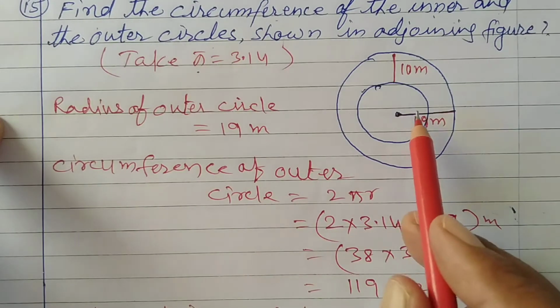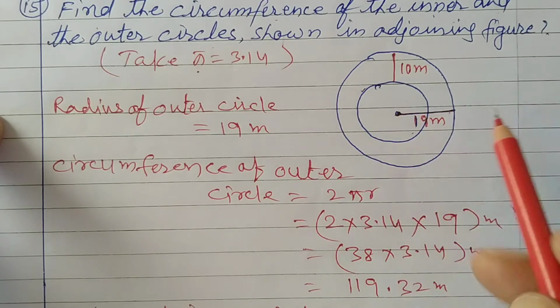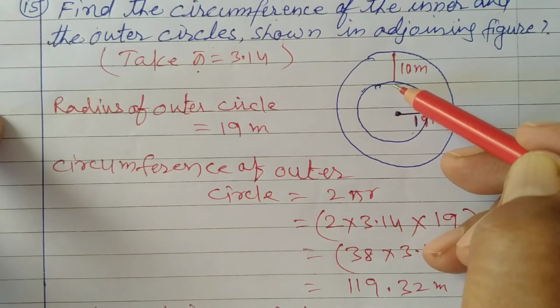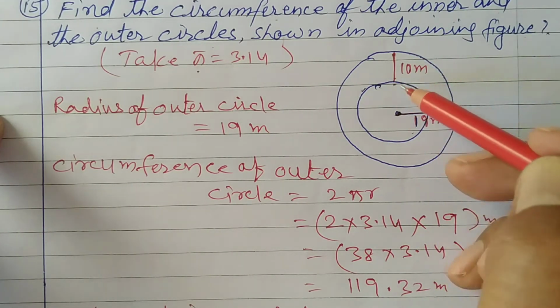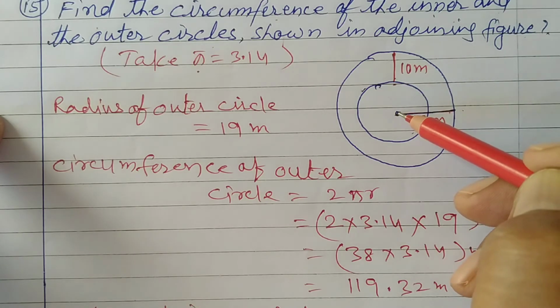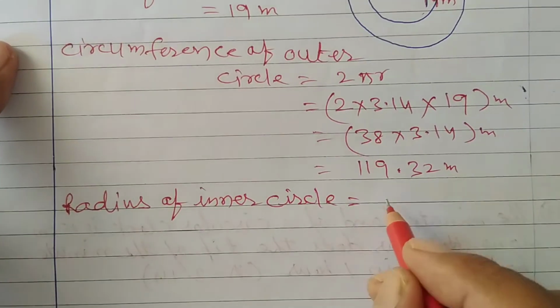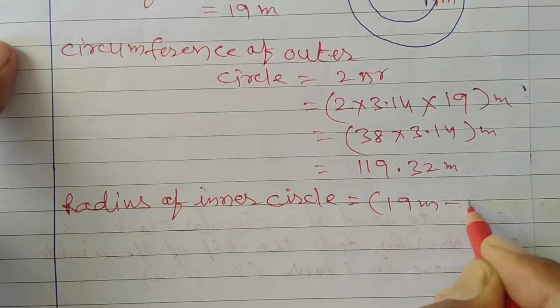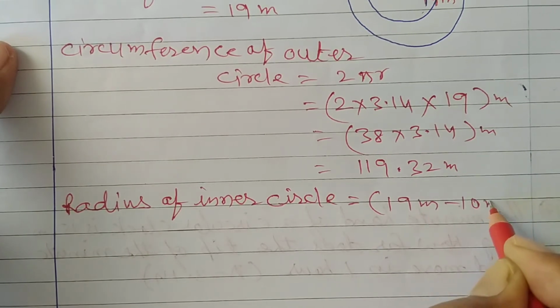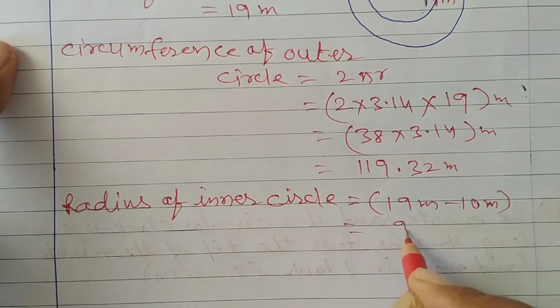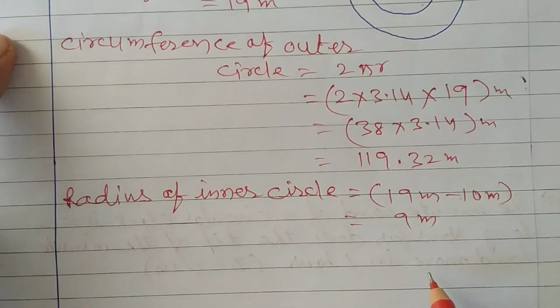The total bigger circle radius is 19 and this part is given 10. So we subtract 19 minus 10, we can find the radius of inner circle. So 19 meter minus 10 meter will be 9 meter. 19 minus 10, 9 meter.